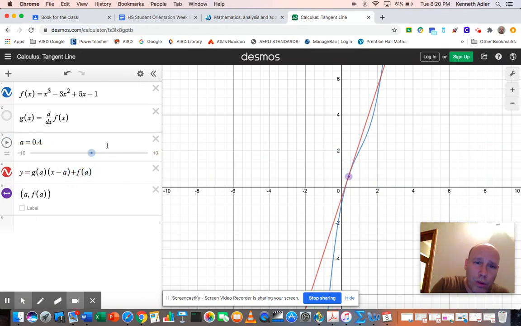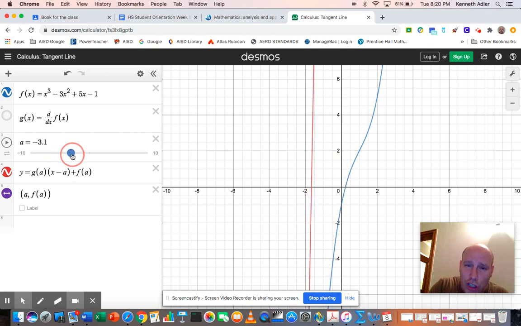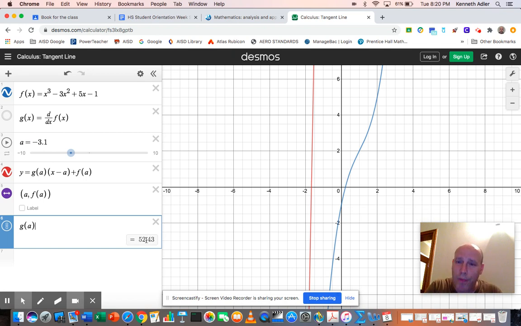I want to know the slope of the tangent line at all the points. So down here, I'm going to have Desmos evaluate g of a. This number right here tells us the slope of the tangent line. I'm going to start at about -3, up here at -3.1, and I'm going to move towards a equals 1, or x equals 1, because I want to know what's happening. The slope right now is 52, a really steep line.